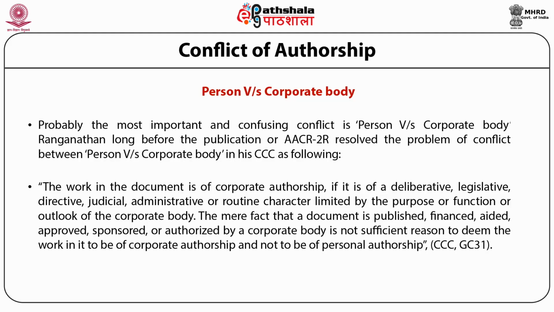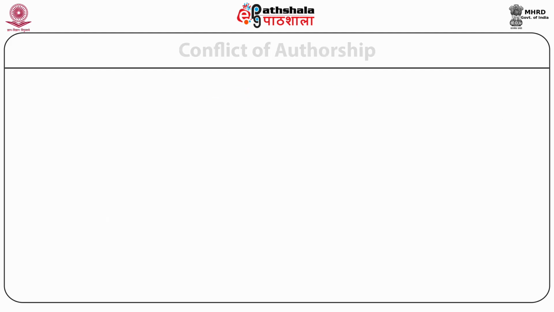The mere fact that a document is published, financed, aided, approved, sponsored, or authorized by a corporate body is not sufficient reason to deem the work in it to be of corporate authorship and not of personal authorship, under CCC rule number GC31.